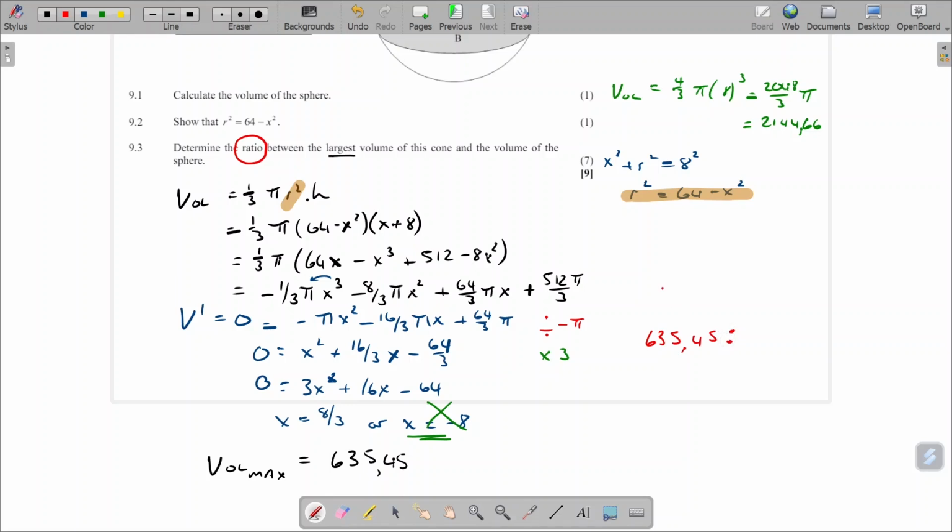This is the ratio of the volume of the cone to the volume of the sphere.